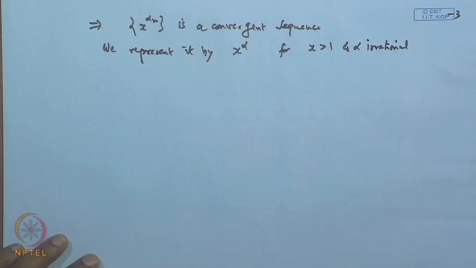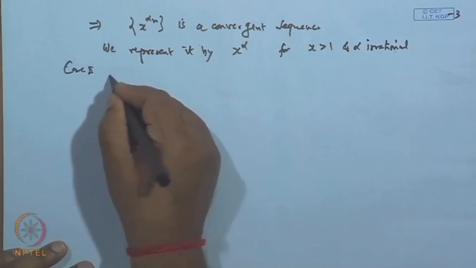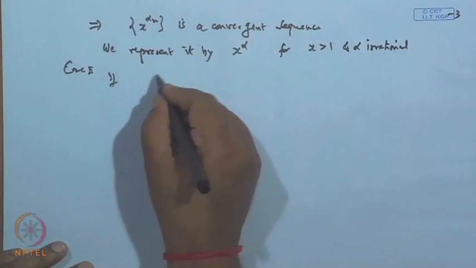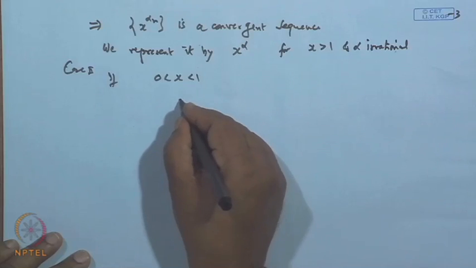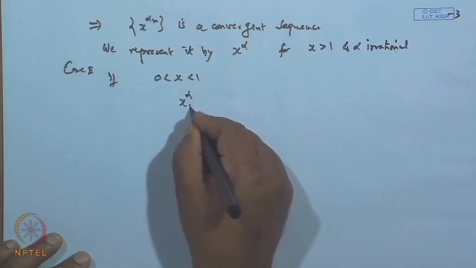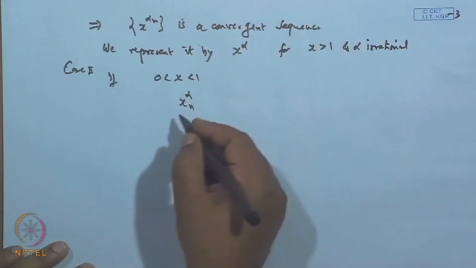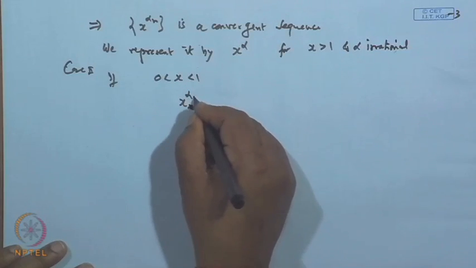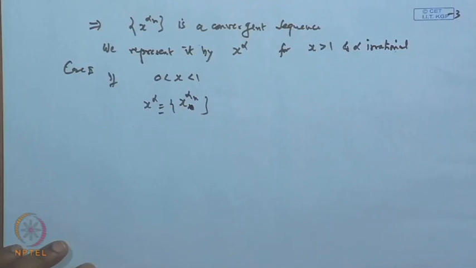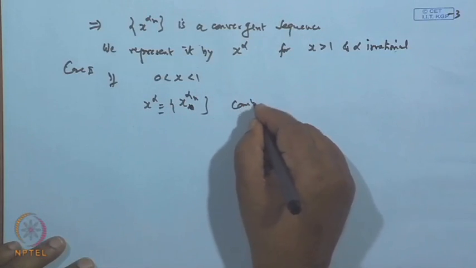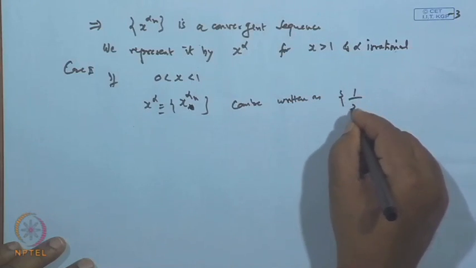Is it okay? Now, if x is lying between 0 and 1, then x to the power alpha n can be written as 1 by x to the power alpha n.